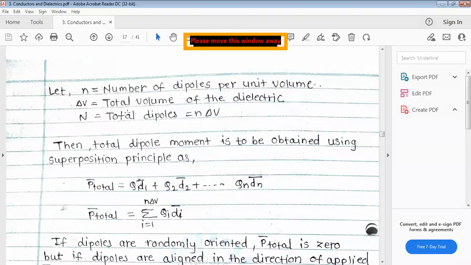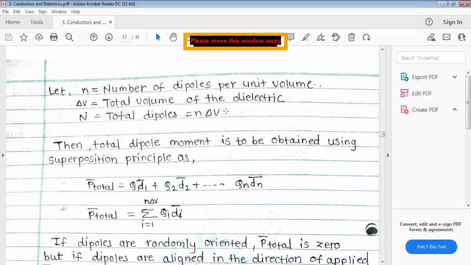Small n is the number of dipoles per unit volume, and capital N is the total dipoles formed in that volume, which is equal to n into delta V. How many dipoles are there in that volume? The total volume is delta V, and n dipoles per unit volume. So the total dipoles is equal to n into delta V.